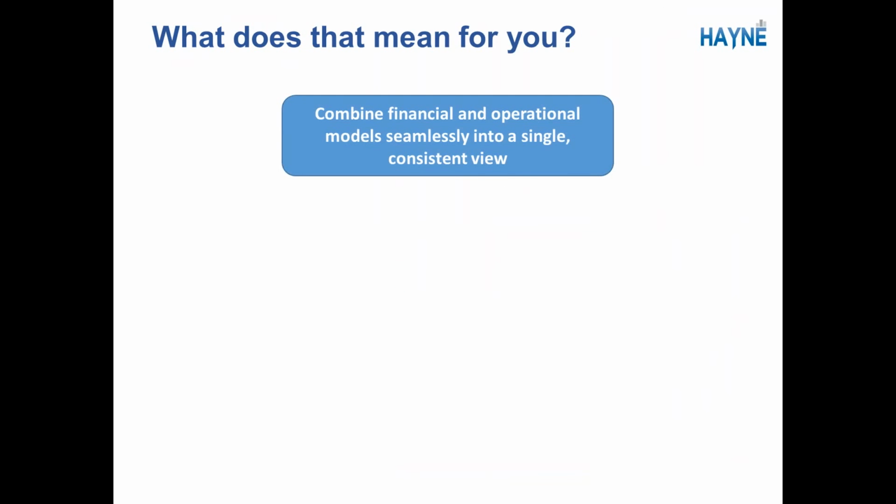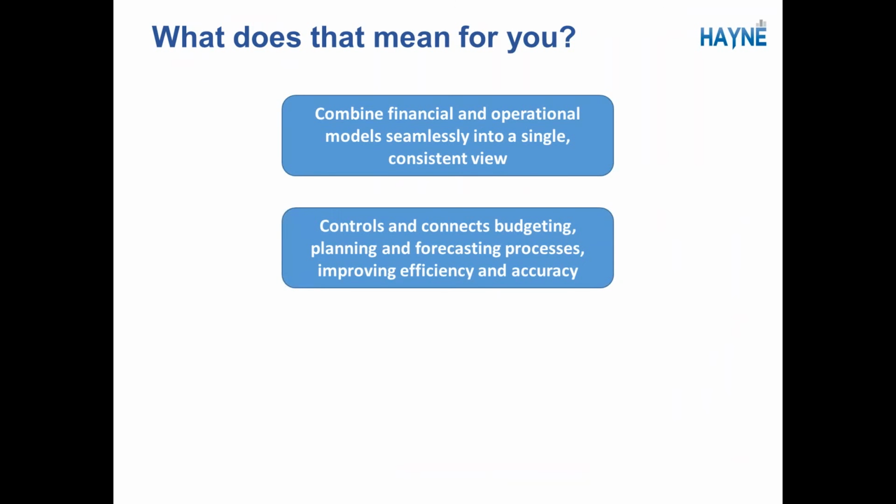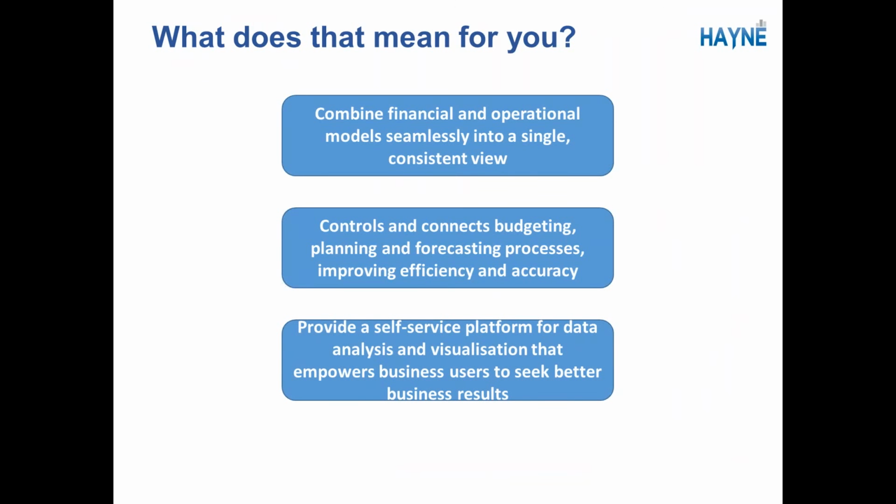So what does this really mean for the Office of Finance? Well, it allows us to combine financial and operational models seamlessly into a single consistent view, which we again struggle with in Excel. We've now got a connected budgeting, planning and forecast process, which can improve the efficiency and accuracy within the Office of Finance.